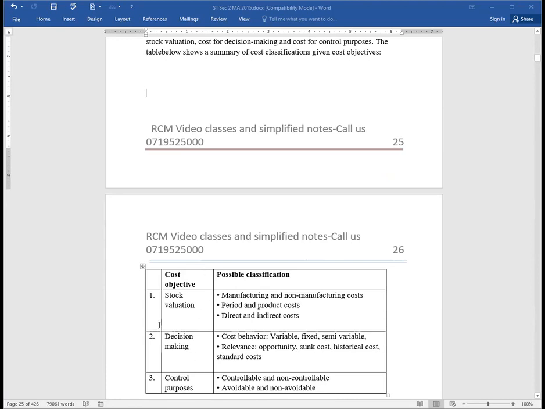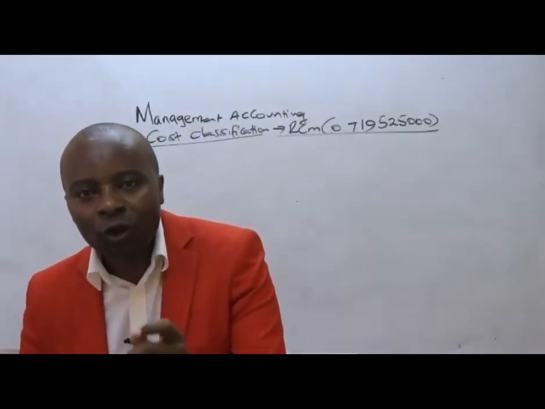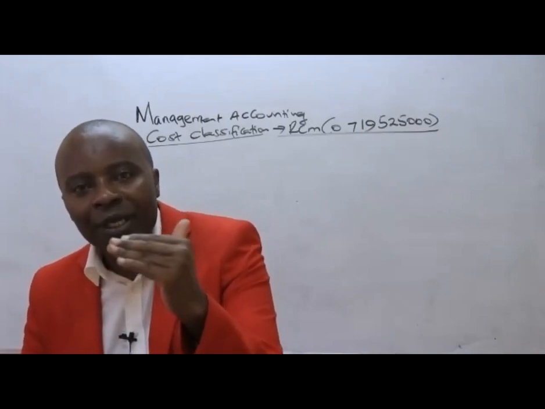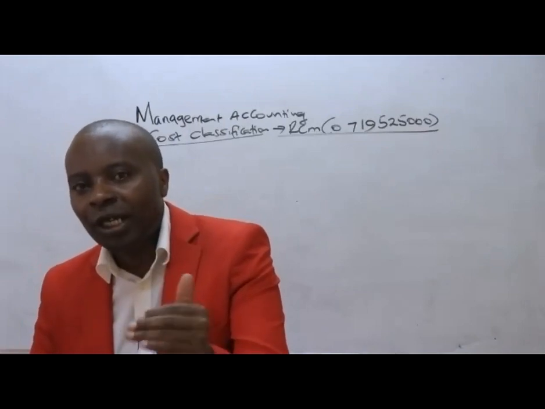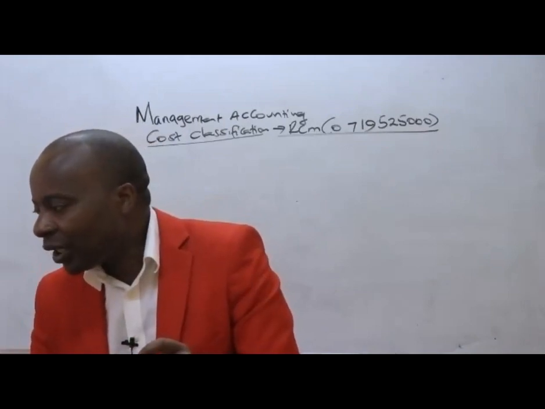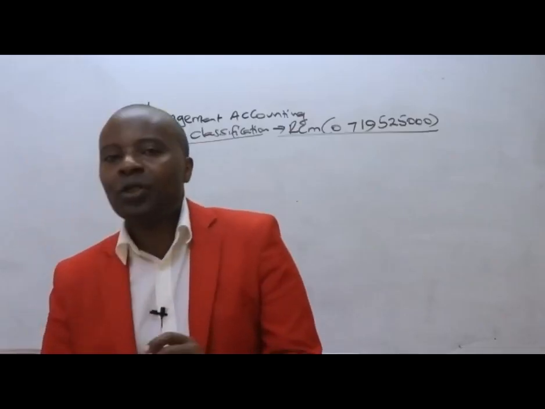So if you have a cost objective of stock valuation, then what will be some of the classifications of costs under stock valuation shall we be having? Ladies and gentlemen, here we are told under stock valuation, we are going to have two types of costs. We could have, for example, what we call manufacturing and non-manufacturing costs. Listen to me very well.